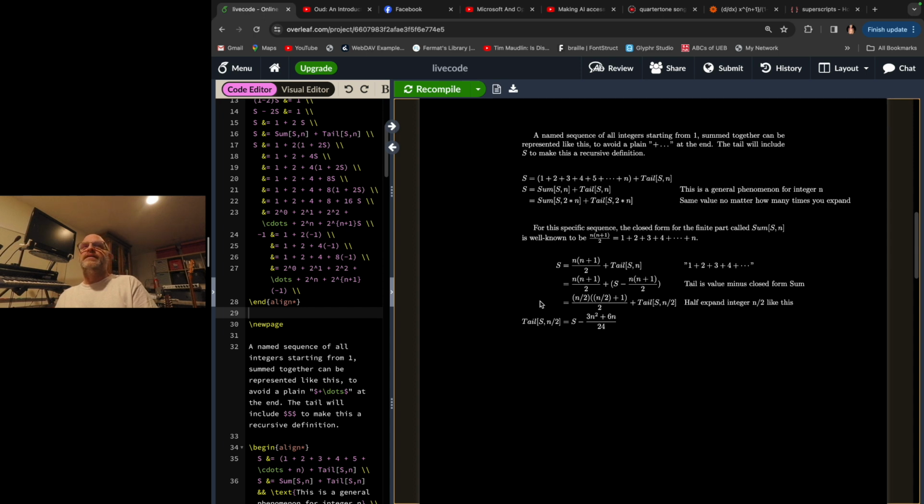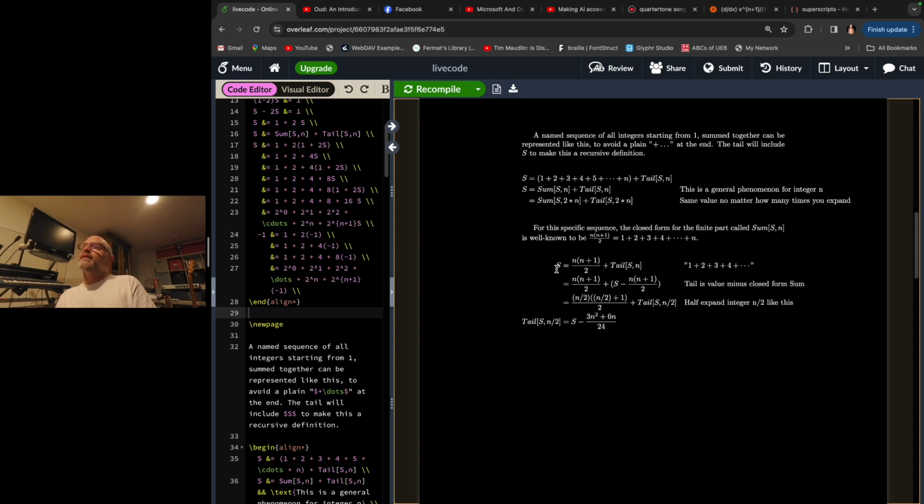And it is actually related to this weird sequence. But in any case, I have number s, and instead of writing it out, 20 numbers and then tail s of 20, I can actually write it in its closed form. So this is the closed form for it: n times n plus 1 over 2, plus its tail.